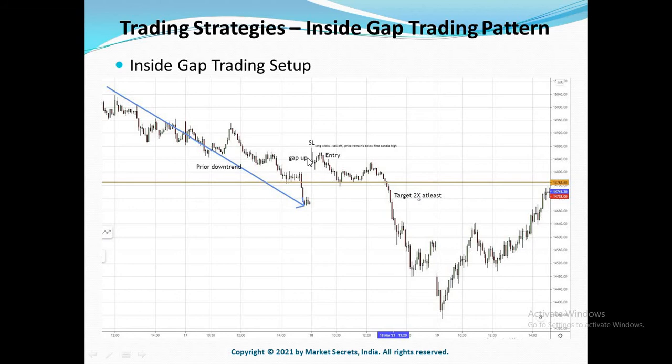But in case the stock gaps up and pulls back to the downside but then rallies to break above its opening price, then the up move is probably not a trap and the stock should make new intraday highs. This is a no trade zone for us. So if the price gaps up, goes down, comes back and goes above the day's high, then it is a no trade zone for us.